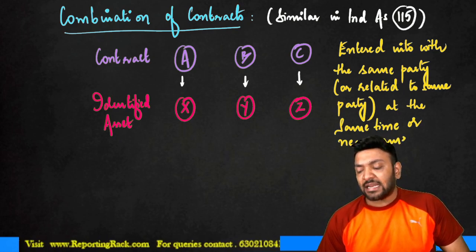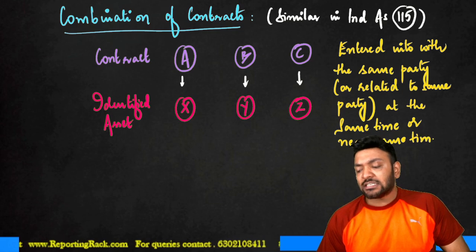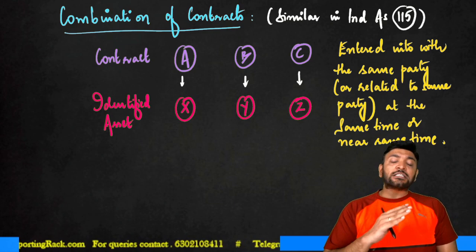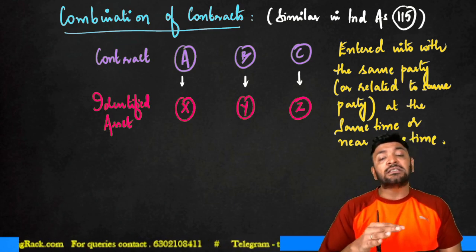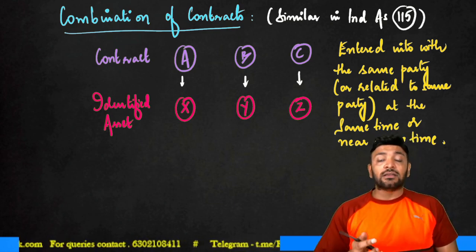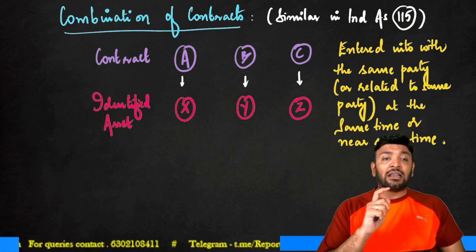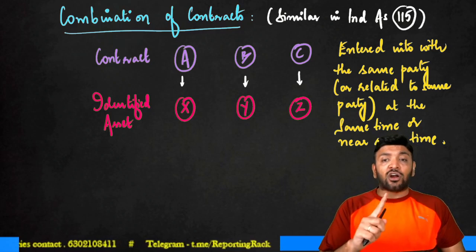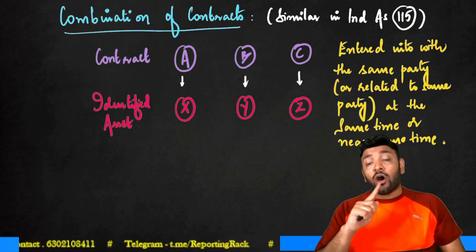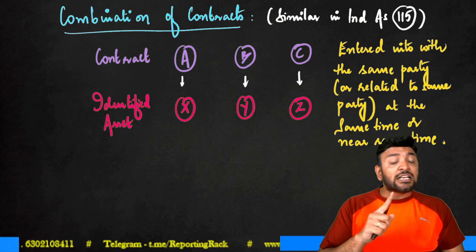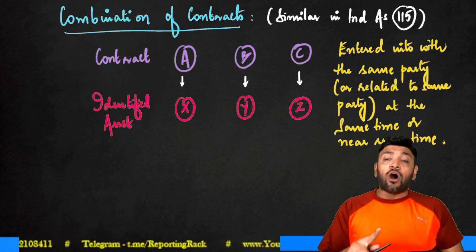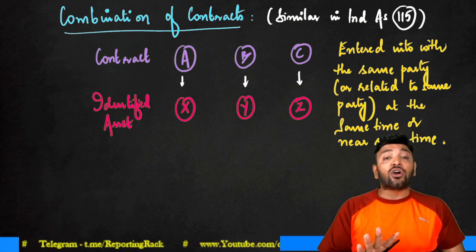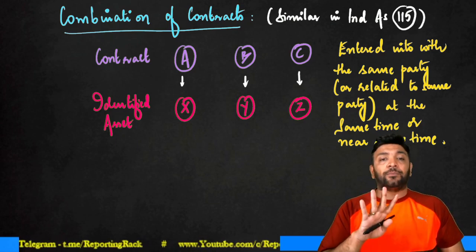May not be exactly at the same time, but it is near the same time. One I have entered on 15th August, next one I entered on 16th August, next one I entered on 17th August. If I am entering into such contracts with different identified assets under each contract at the same time or near the same time, and if these contracts are with the same party or people related to the same party, then in such cases, these contracts can be combined.